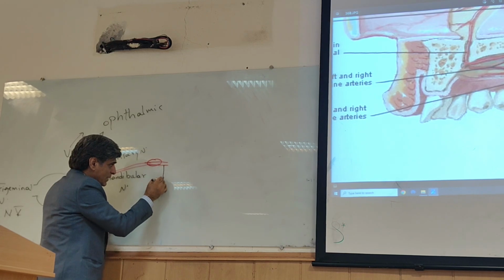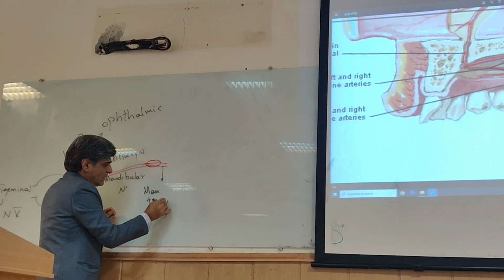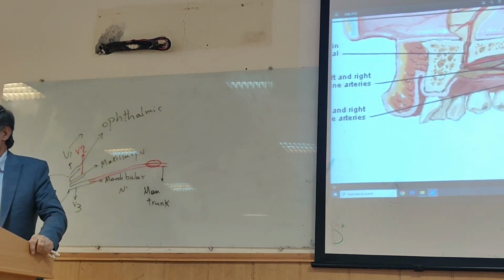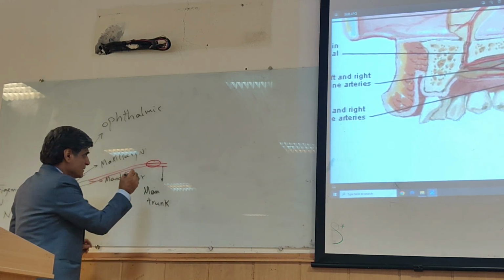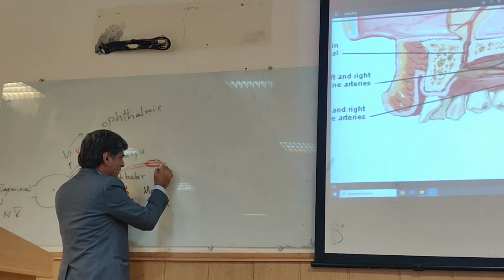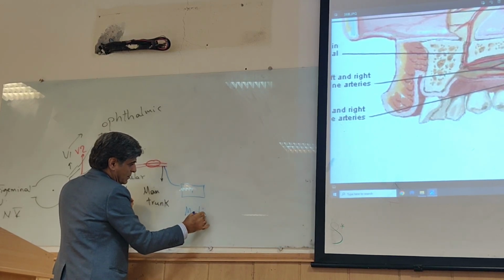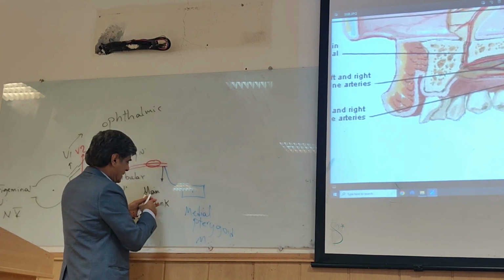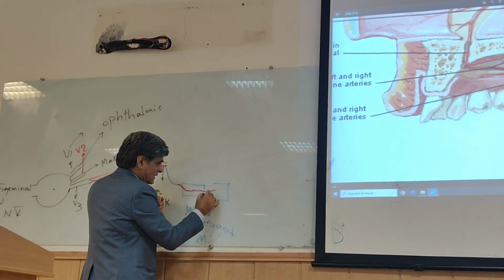The main trunk gives the nerve supplied to the medial pterygoid muscle. The main trunk branches from this part and innervates the medial pterygoid muscle.